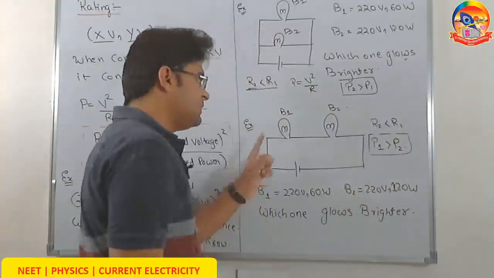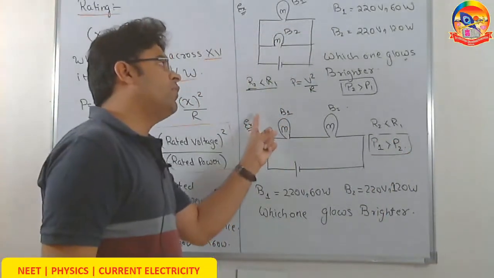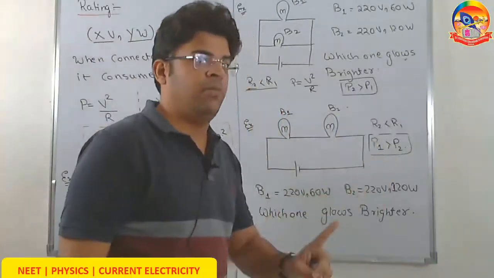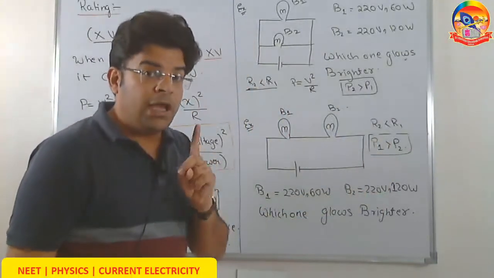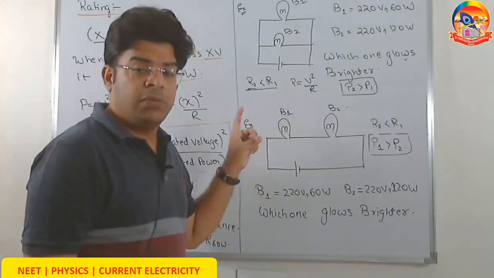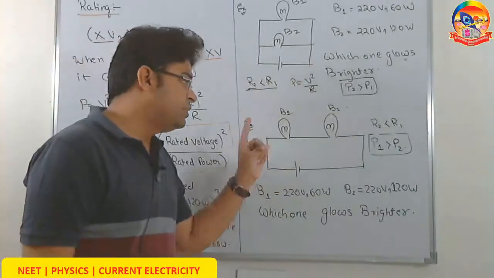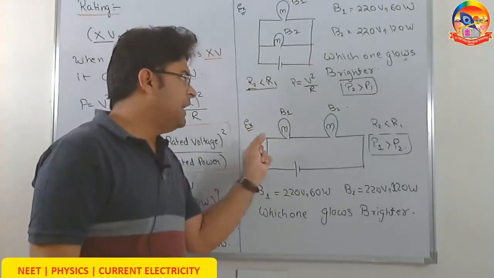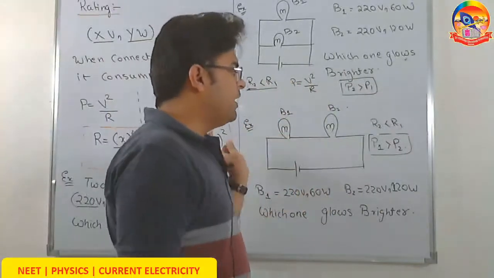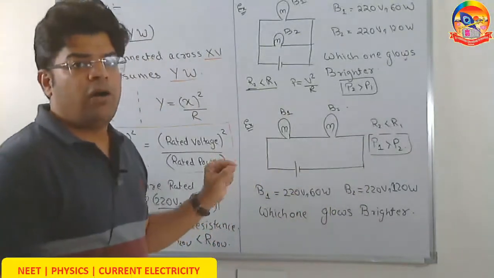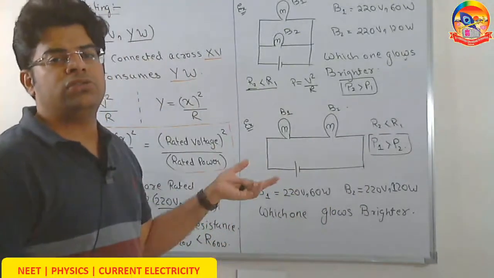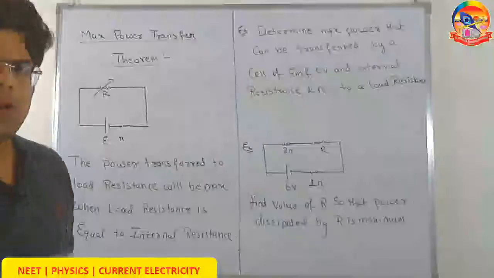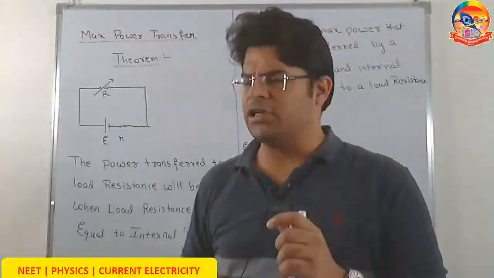So in this case, 60 watt bulb will glow brighter than 120 watt bulb when connected in series. I am again saying they are not at all designed to be used this way, but somebody is using them, which is wrong. In such a case, for same rated voltage, when connected in series, the bulb of lower wattage actually glows the brightest.